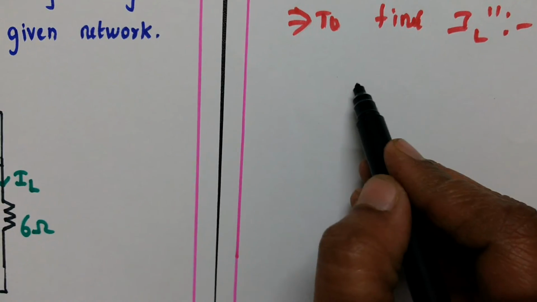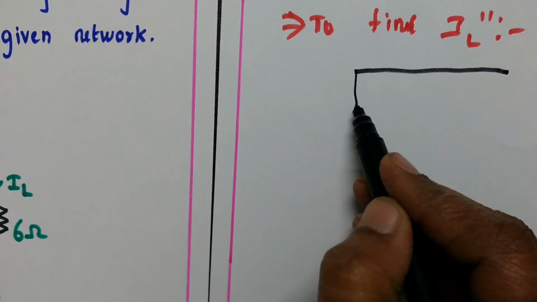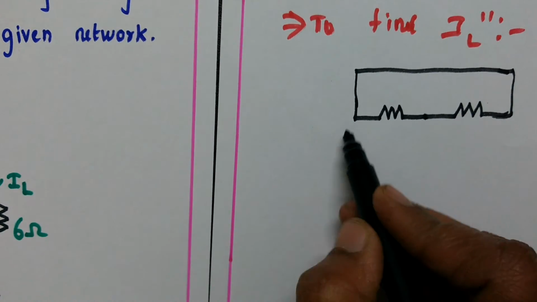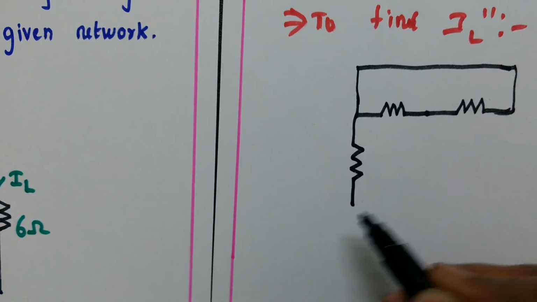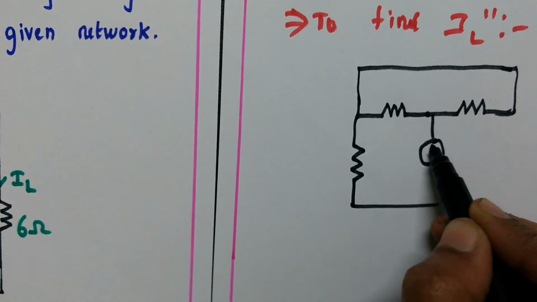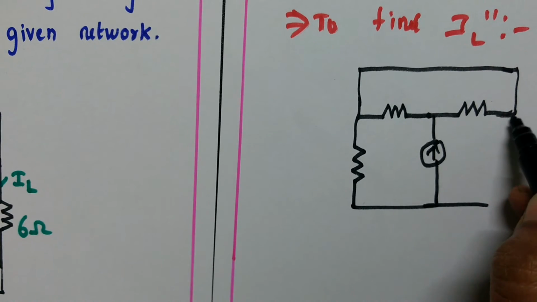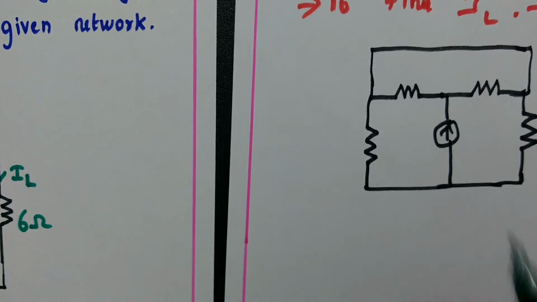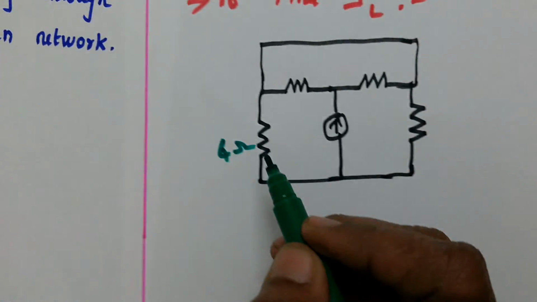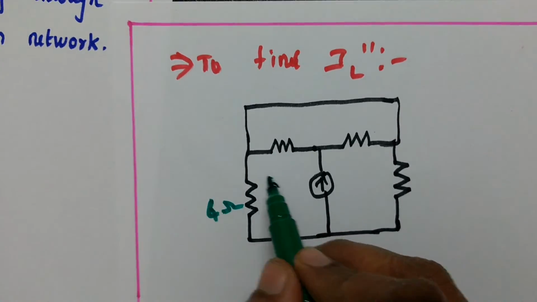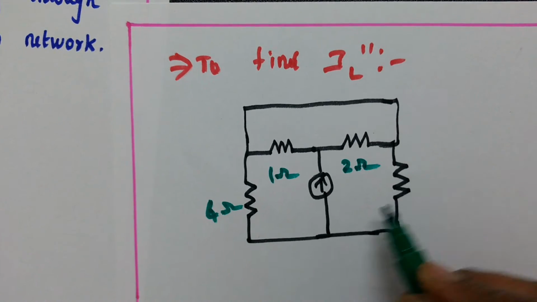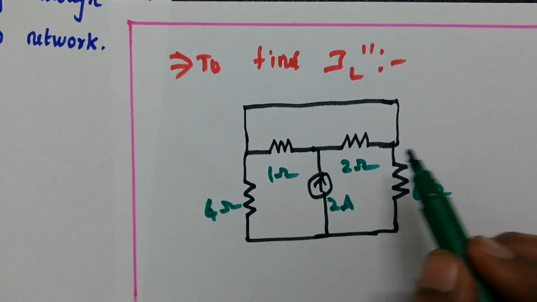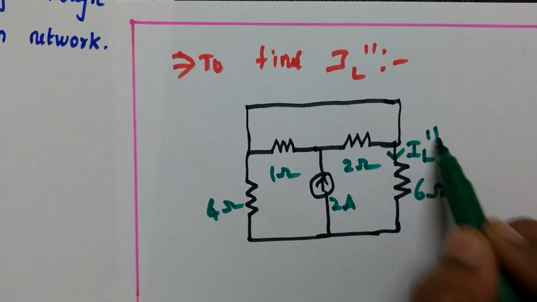Here the voltage source is short circuited, this is a resistance, and this is also a resistance. Here the current source is applied. So this is 4 ohms, 1 ohm, 2 ohms, this is 2 amps, and here 6 ohms. So this current is IL double dash.